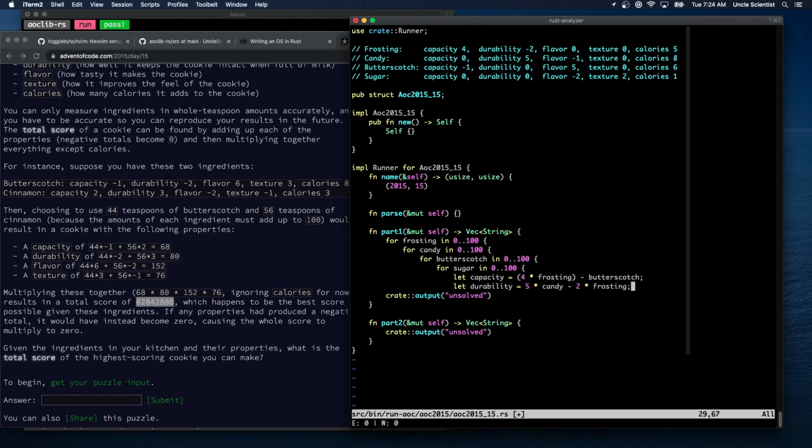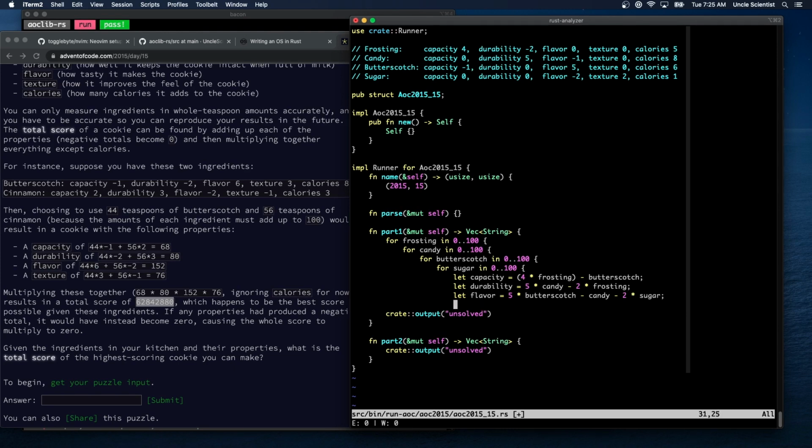Right? And then we have flavor. Flavor is 5 times butterscotch minus 1 times candy minus 2 times sugar. And then we have texture, which is just 2 times sugar.